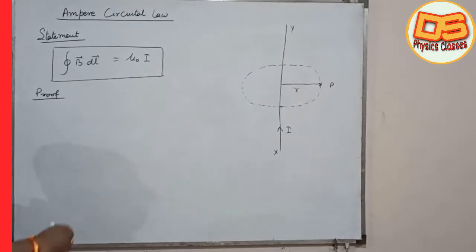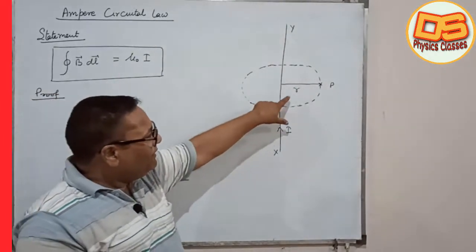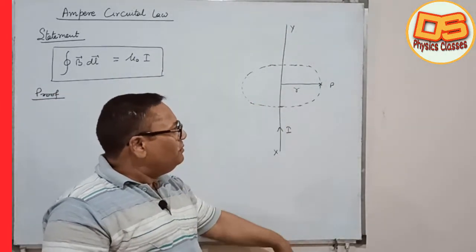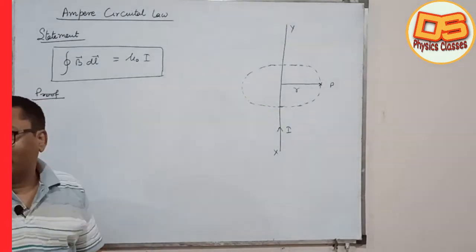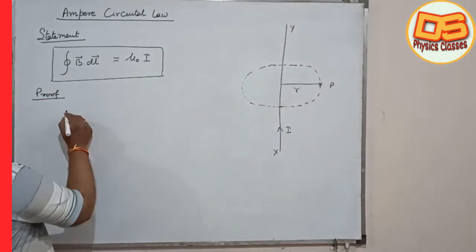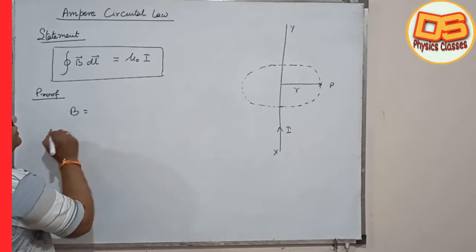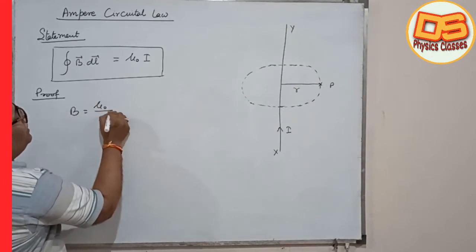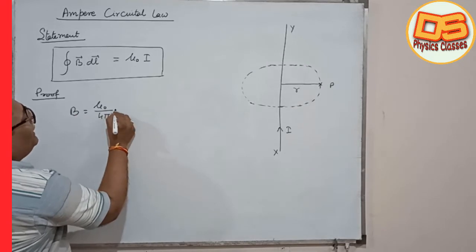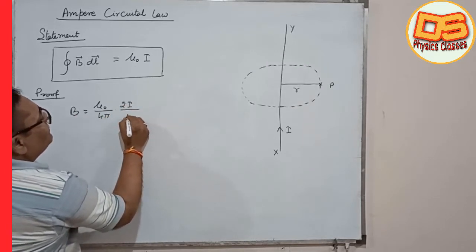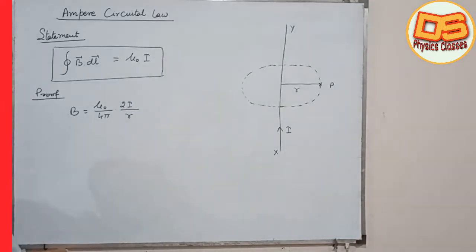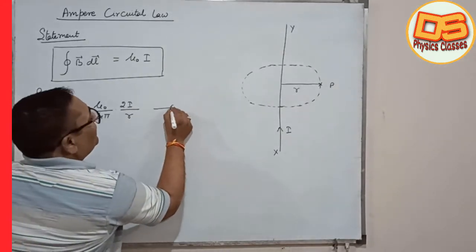Now the magnetic field intensity at a distance r from an infinite long straight current carrying conductor is given by B equal to mu 0 upon 4 pi, 2I upon r. Clear? This is equation 1.